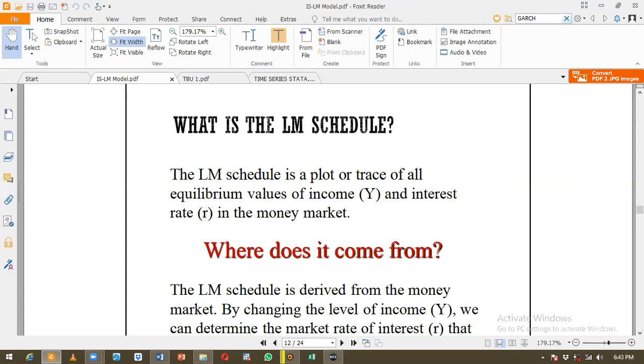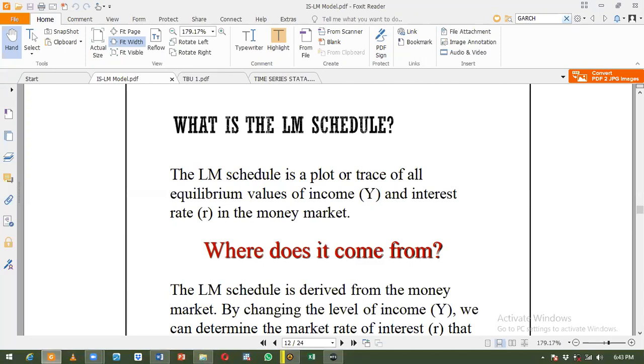But money demand, when we went through the liquidity preference theory, we saw that money demand depended on interest rate and the level of income. So when you see the money demand function, you will see that there is a component of interest rate and income.